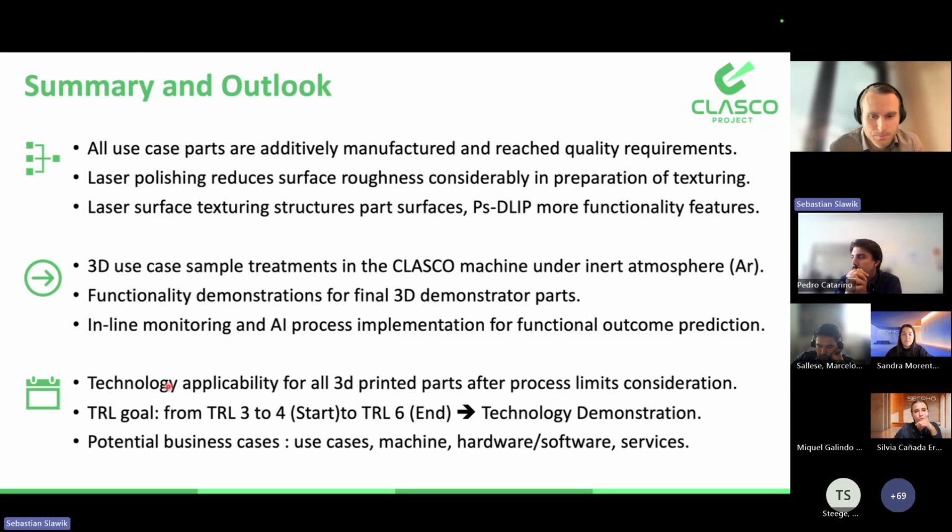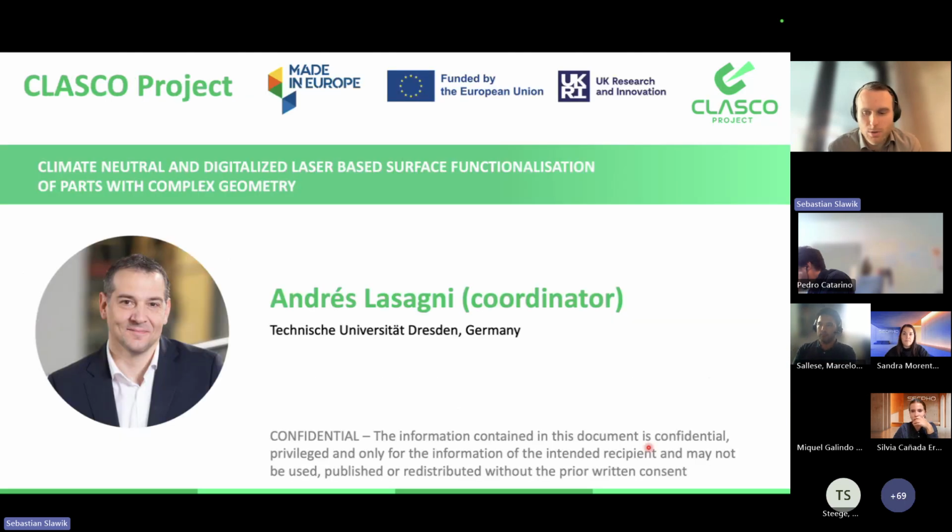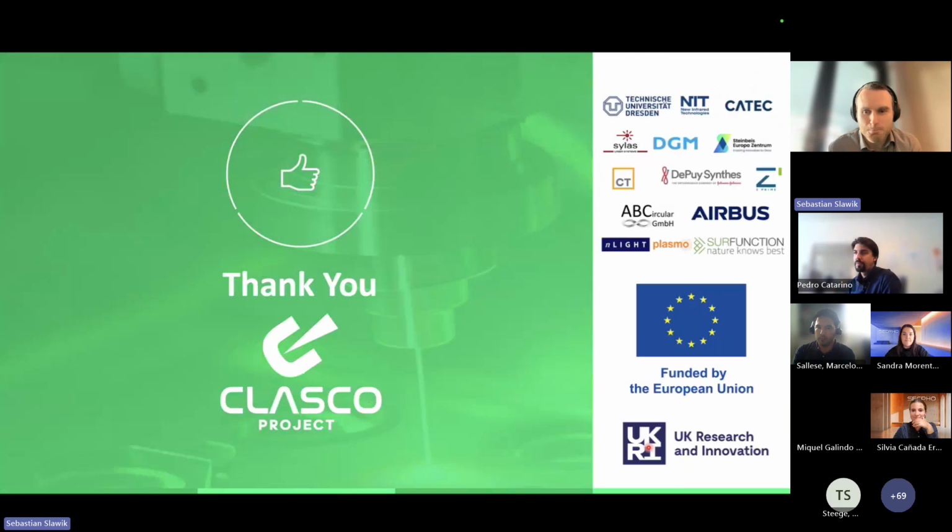And yeah, we will show that the technology is applicable for all 3D printed parts, of course, after seeing the process limits that are valid. And we want to go from TRL 3 to 4 to TRL 6 at the end of the project. So demonstration of technology and the business cases we have potentially are the use cases, the machine itself, hardware, software, and services. And by that, I would like to thank you for your attention.